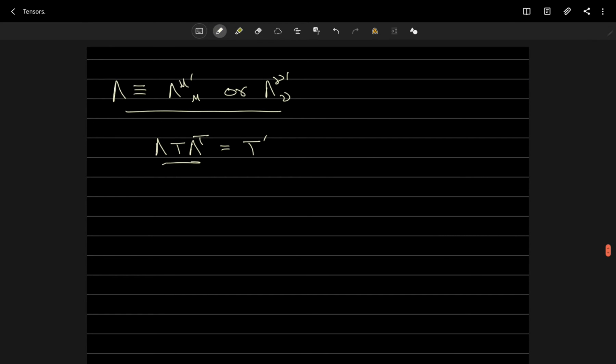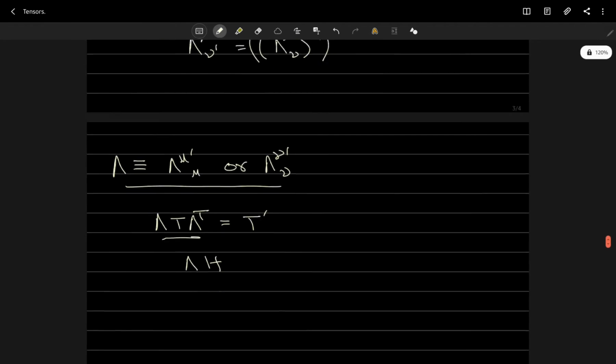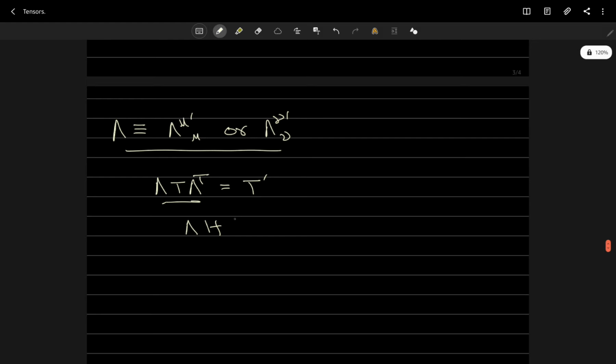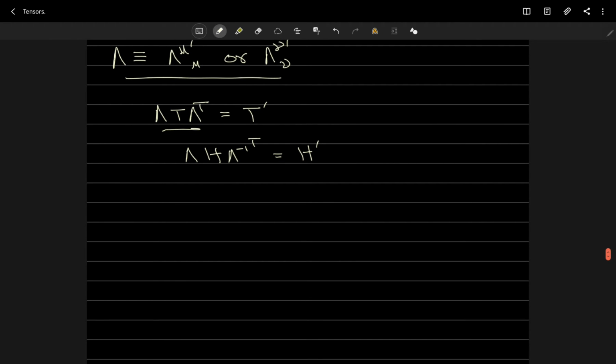And likewise, let's write this one down. Let's say we have a tensor h, which was over here the mixed tensor. If I sandwich this between lambda and lambda inverse transpose, I would get the transformation h prime, right? So these are some of the important things that I'm writing down.